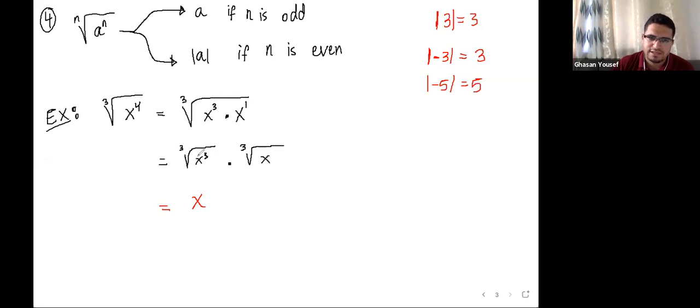A here is x. The other one we just move down because we don't have to do anything. So the answer is x times the third root of x.